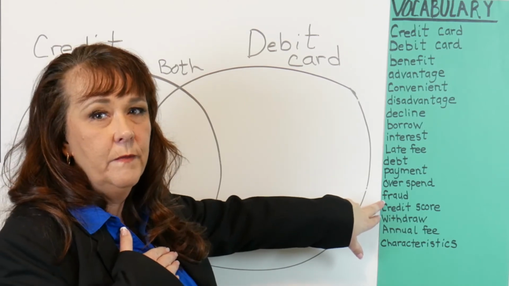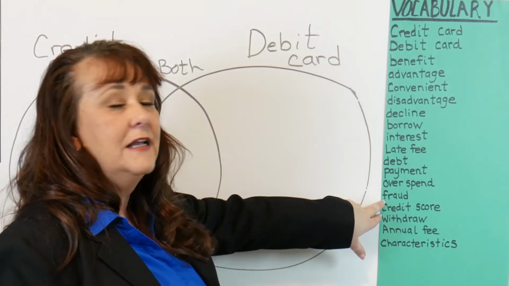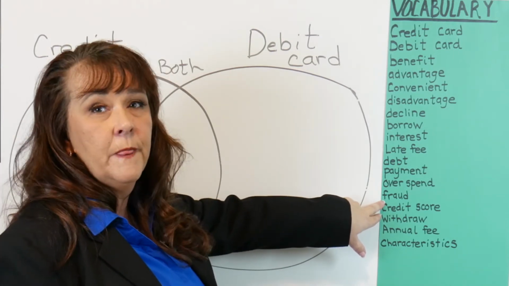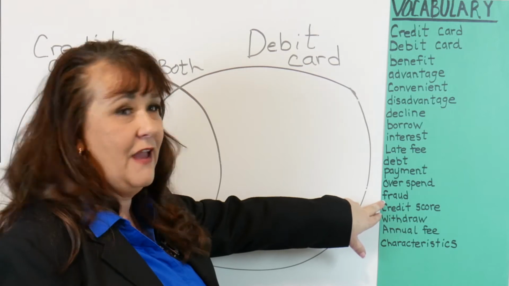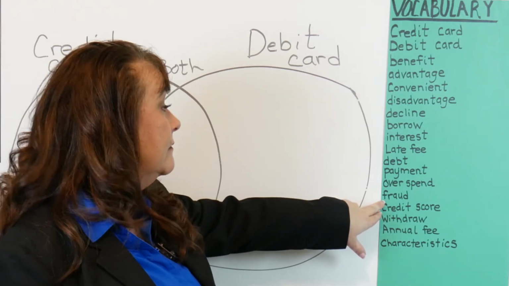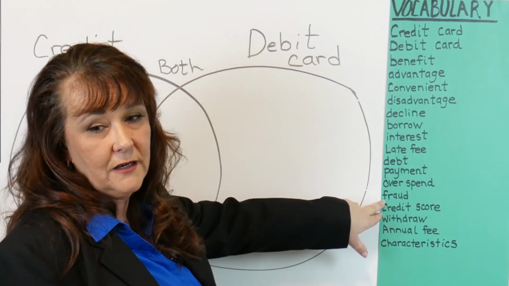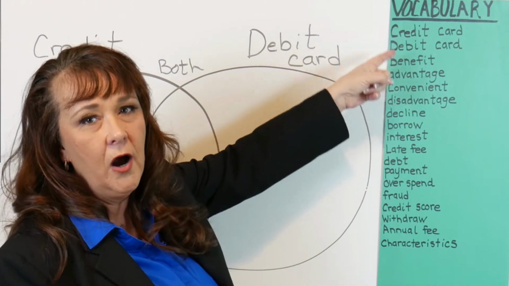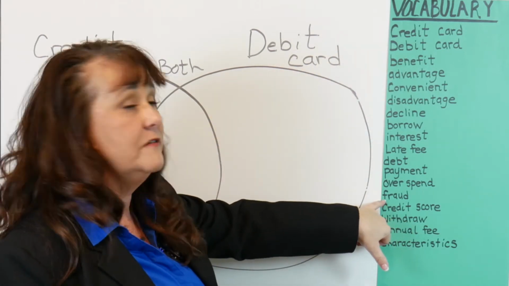Fraud. Fraud means when somebody uses your name and it's not them. Sometimes people commit fraud by using your social security number, or in this case, using your card. That is fraud.